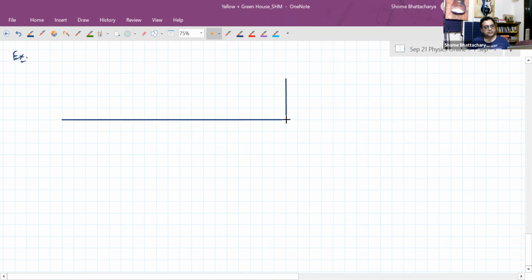Similar setup, but this time we'll have a combination of springs. Two springs attached in series from this side and another spring attached from that side.